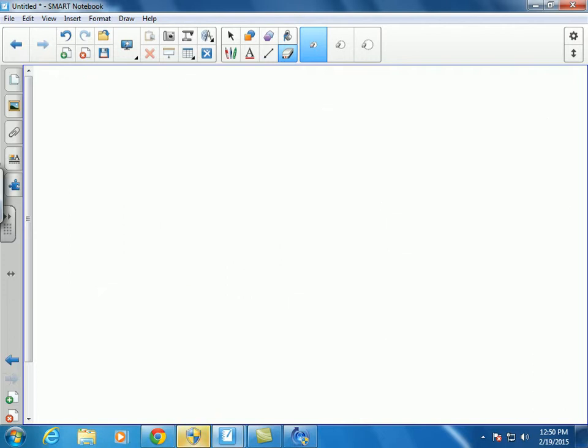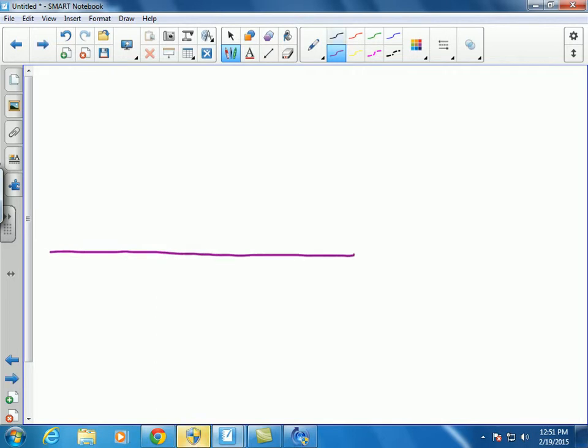So on the next page here, I'm going to continue the properties. So here's my normal distribution. And we're going to do the properties continued.